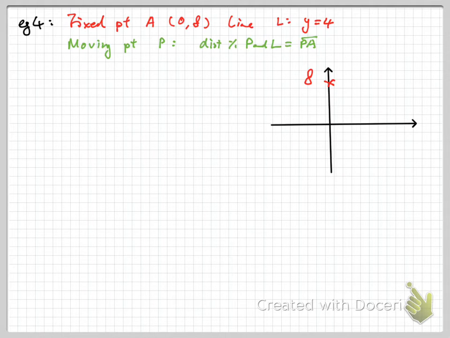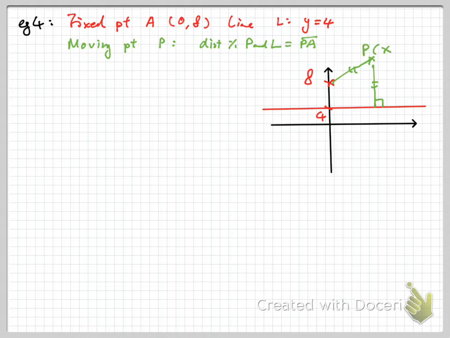The horizontal straight line goes like this. I guess this is 4. And we want to find the moving point P, so that the distance between P and L is the same as the distance between P and A. So PA will be this distance, and the distance between P and L will be this.